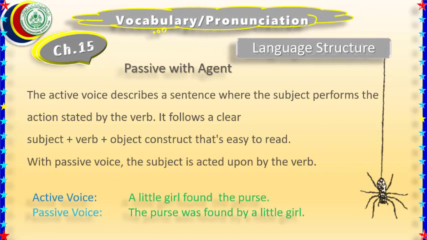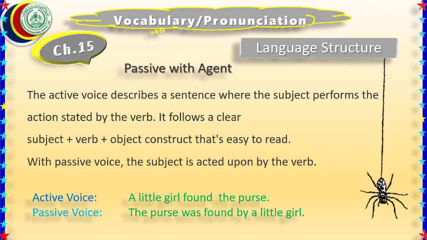Okay, students. In our today's lesson, we shall focus on passive with agent. Our focus of language structure will be on passive voice with agent. As this exercise is dealing with passive voice, let us try to understand what is active voice and what is passive voice.